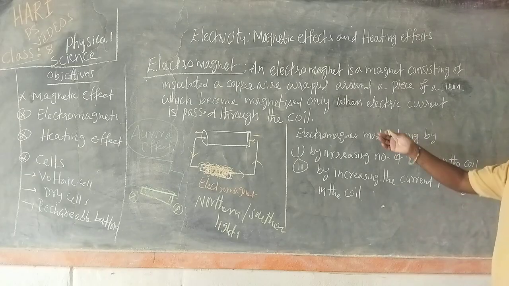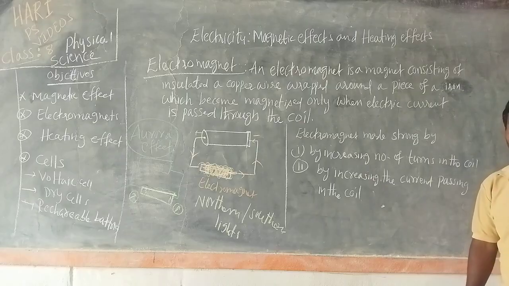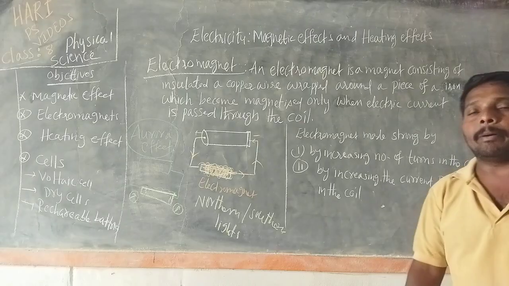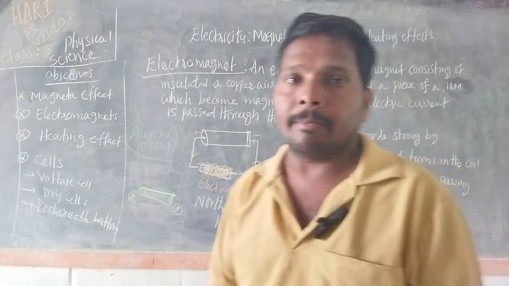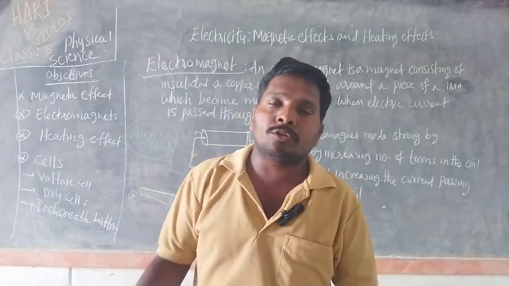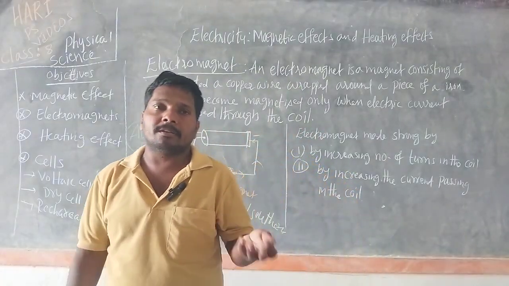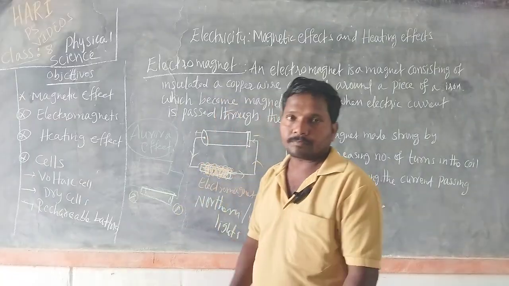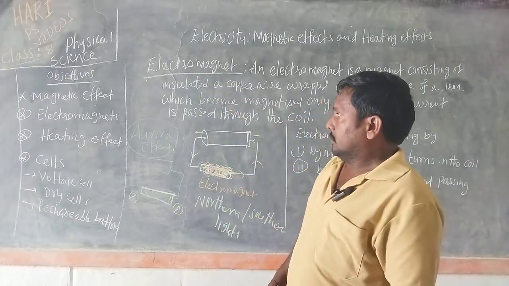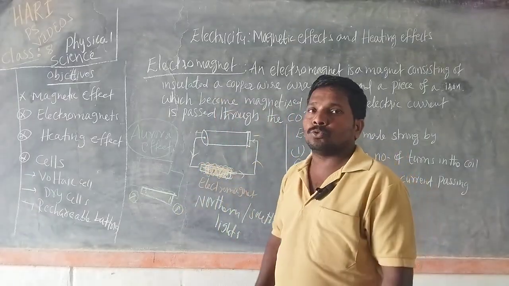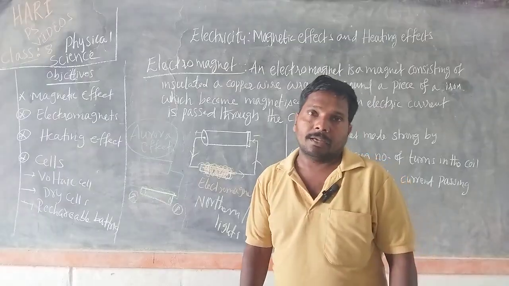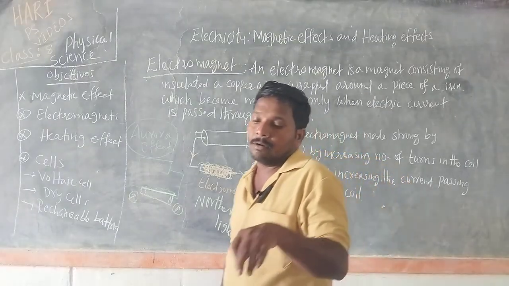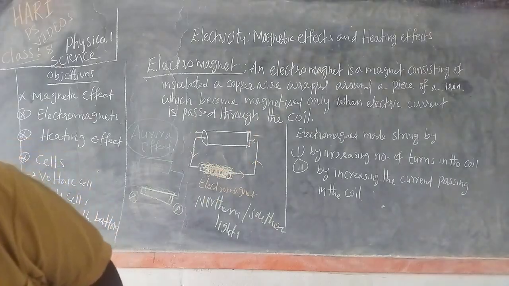This is the advantage of electromagnets over permanent magnets or bar magnets. Electromagnets are made in different shapes: U-shaped, circular, bar, whatever you want. Then coming to the uses of electromagnets.